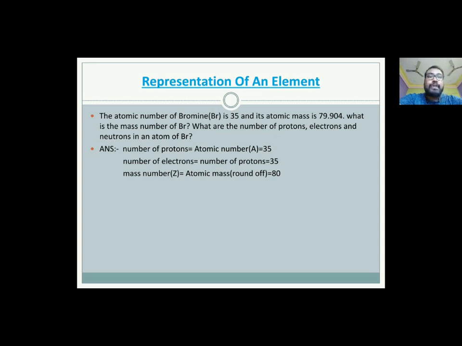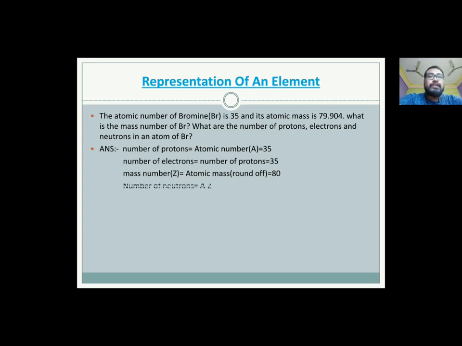We are given the atomic mass as 79.904. Again, we know that the mass number is the nearest whole number to the atomic mass. That is, the mass number would be 80, which is the round off of 79.904.